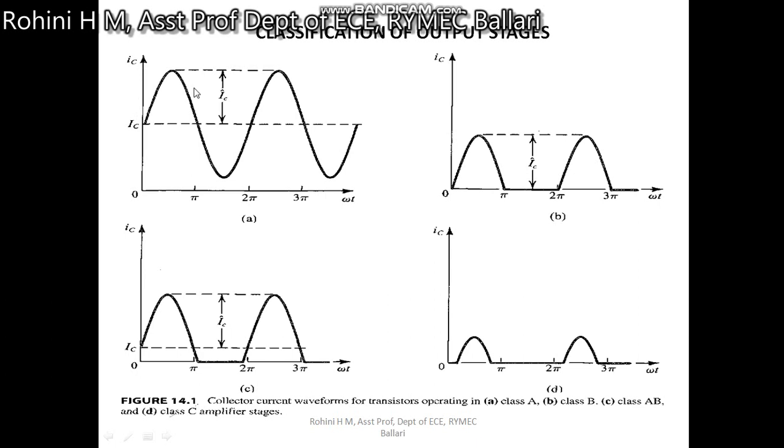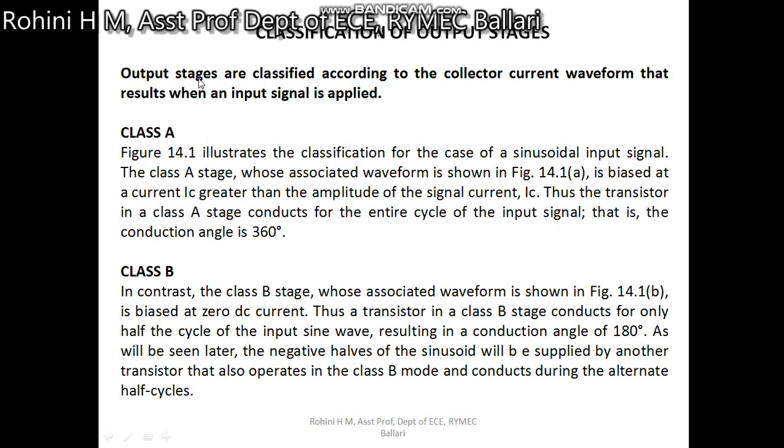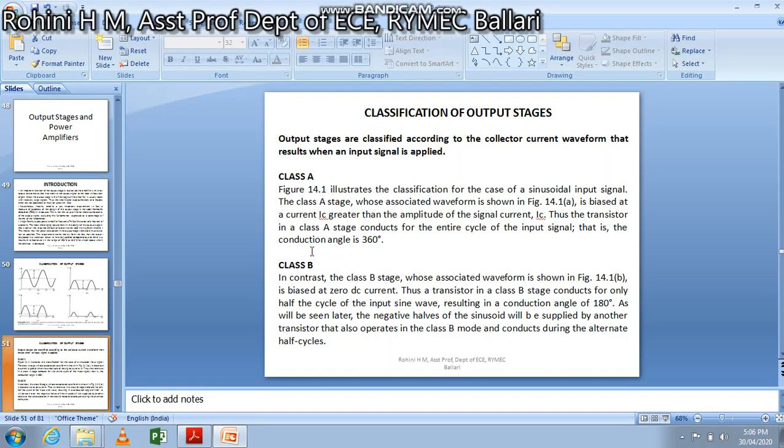So it is greater than this collector current. Thus the transistor in class A stage conducts the entire cycle of the input signal, that is the conduction angle is 360 degree. So conduction angle is 360 degree.